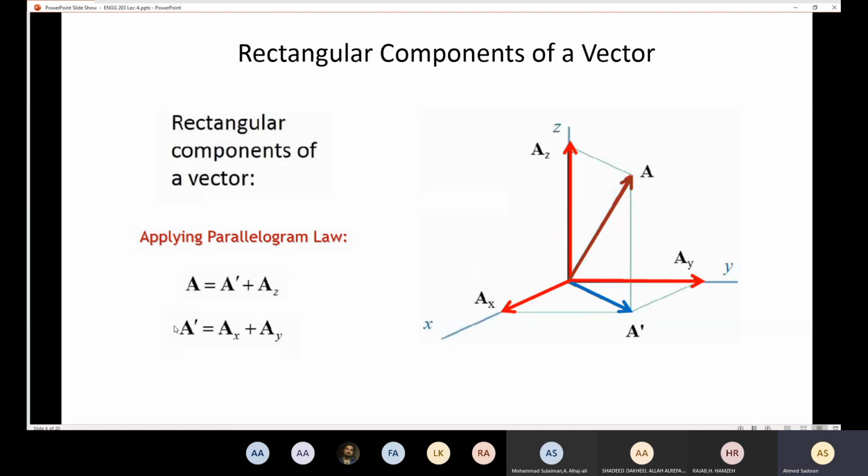So A prime, in fact, equals the AX vector plus the AY vector. And instead of A prime here, I'm going to put AX plus AY. So finally, the A vector in 3D is going to equal the vector AX plus the vector AY plus the vector AZ. In 2D, A equals the vector AX plus AY. But in 3D, we are going to have 3 components for that vector.